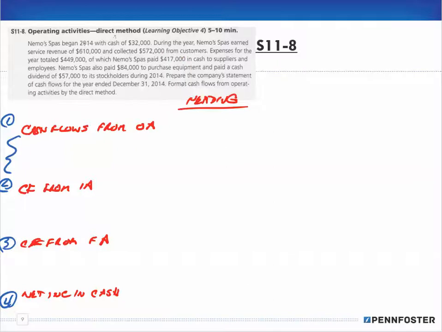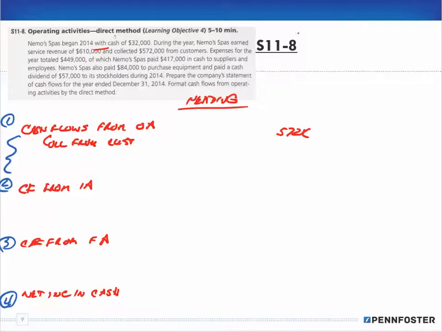Remember, we're only looking at cash here. So yes, our revenue account would say $610,000, but we're only collecting $572,000 in cash. So it's collections from customers, and that amount is $572,000.